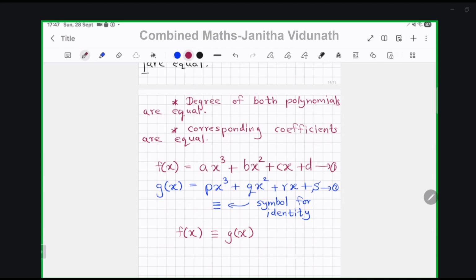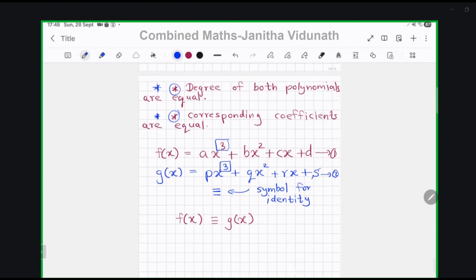That means we need to check these two conditions. The degree should be equal for both polynomials. Here, f(x) has degree 3, the highest power of the x variable, and this one's degree is also 3. That is the first condition for identical polynomials: degree should be equal. The second one is that corresponding coefficients must be equal.